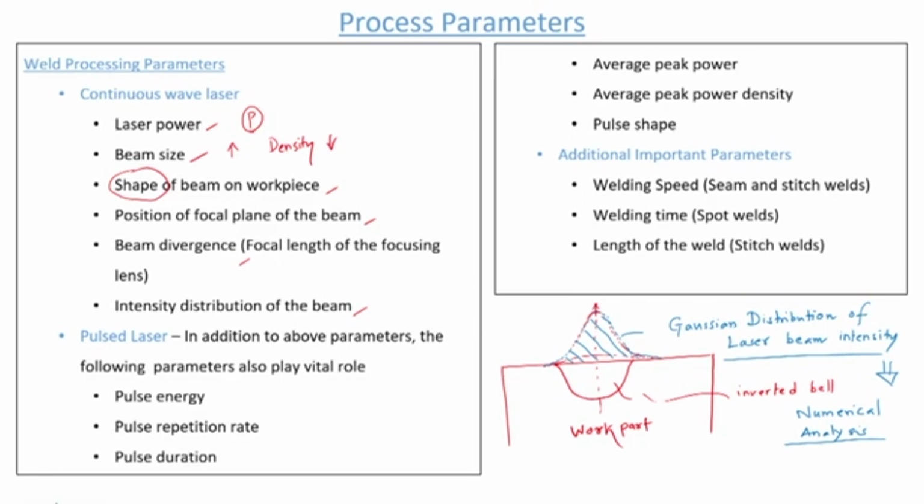So, instead of considering a bell shaped type of application of heat, we can also consider a constant or uniform heat application over the area of application.